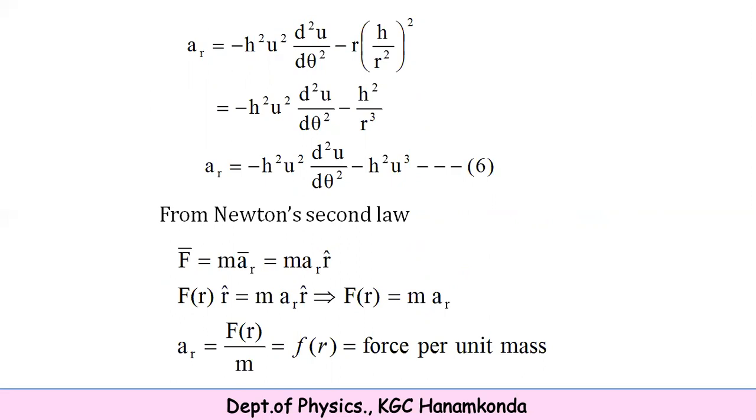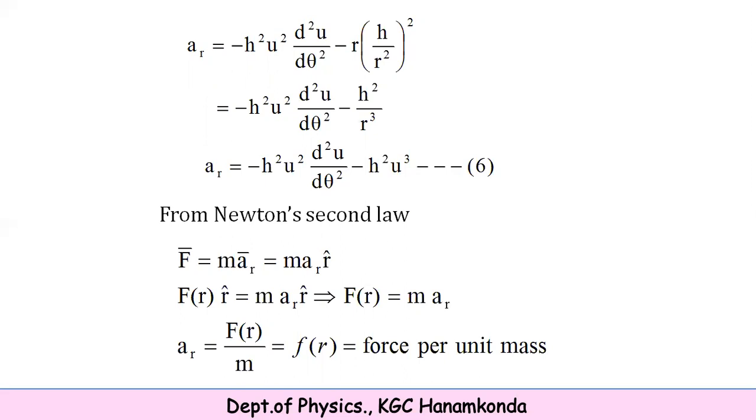Here the particle possesses only radial acceleration. Acceleration is a vector, therefore we write the force F bar equal to m into a bar r, that is m a r into r cap, because this radial acceleration is always directed along the radius vector.